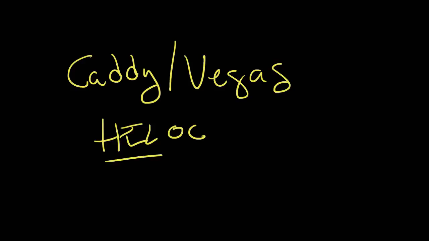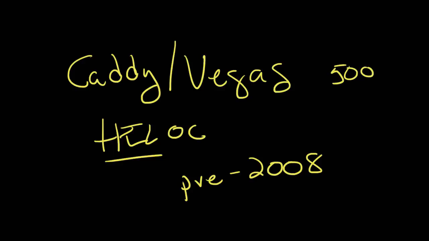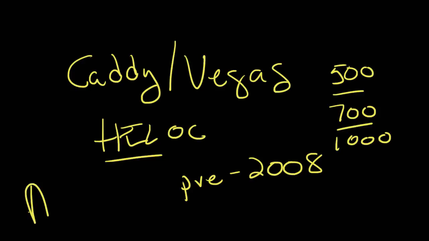And that's unfortunately what people were doing pre-2008. Every Friday afternoon you'd come home from work, and your house would be worth another $500 or $700 or $1,000 more than it was the prior Friday. And so eventually you start looking at your house as a giant ATM.